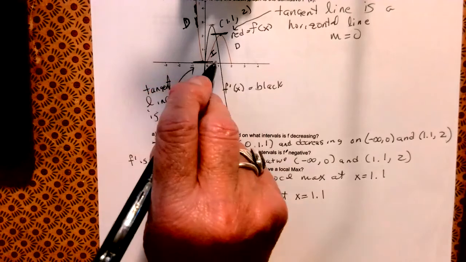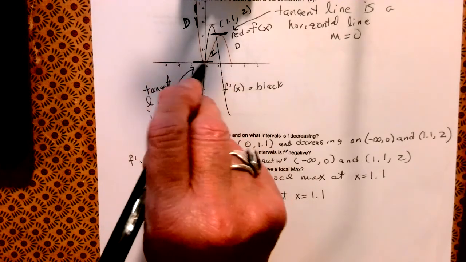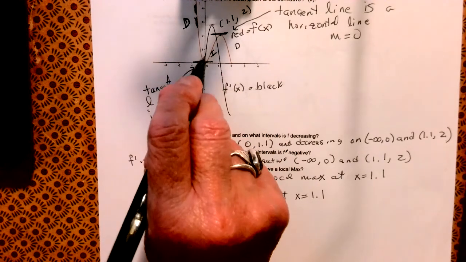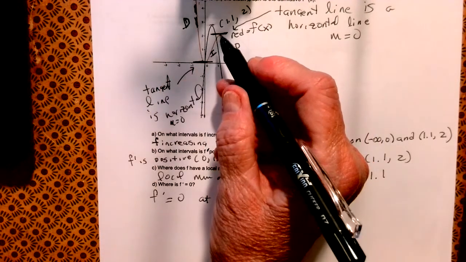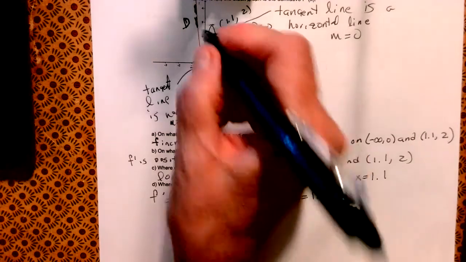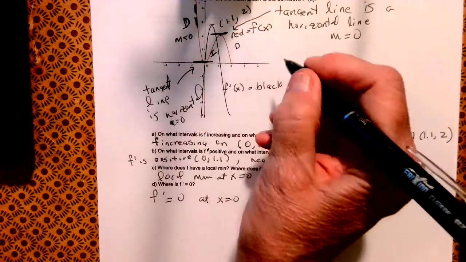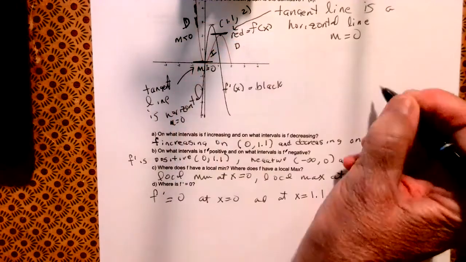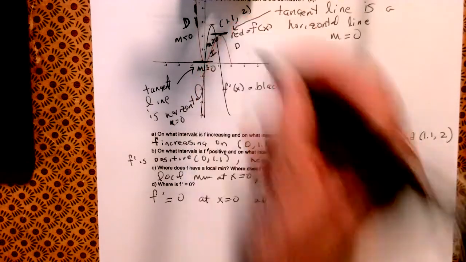It's going to be 0 when you have a local min or max where it changes from decreasing to increasing or vice versa, unless the derivative is not defined. And once the function starts increasing, the slopes of the tangent lines are going to be positive. So, m is negative right here, m equals 0 right here, and then m is positive right here.